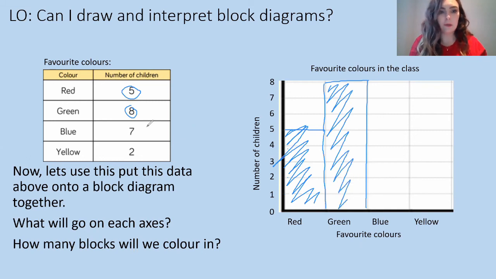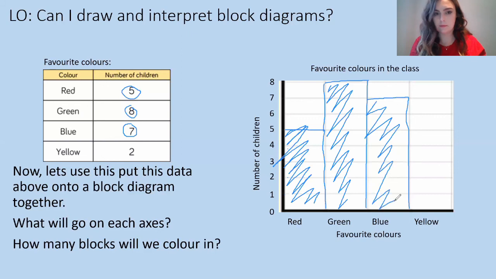If we have a look at blue, 7 children chose blue, so we need to go across to 7 and colour 7 blocks in blue. And then yellow, 2 children chose yellow, so we need to find 2, 1, 2, and we colour 2 blocks in yellow. Well done if you got something that looks like this.